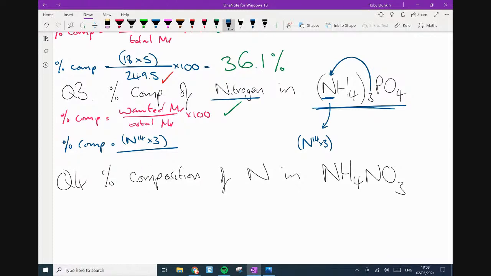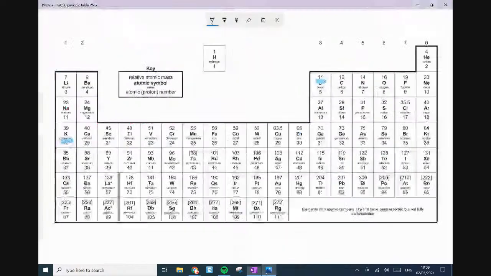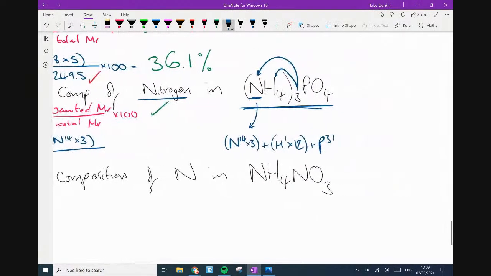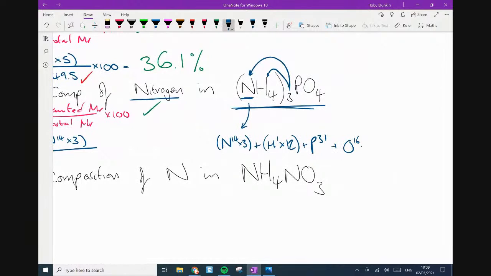Nitrogen 14 times 3 plus hydrogen, 1 times 12 plus phosphorus, 31, I believe. Yeah, phosphorus at 31, plus oxygen 16 times 4. Let's total all that up. 14 plus 14 plus 14 plus 12 plus 31 plus 16 times 4.